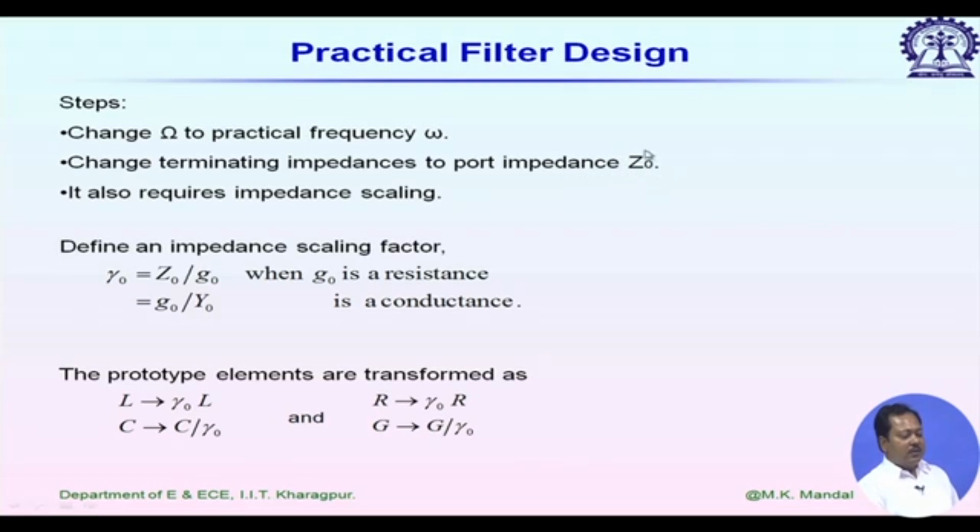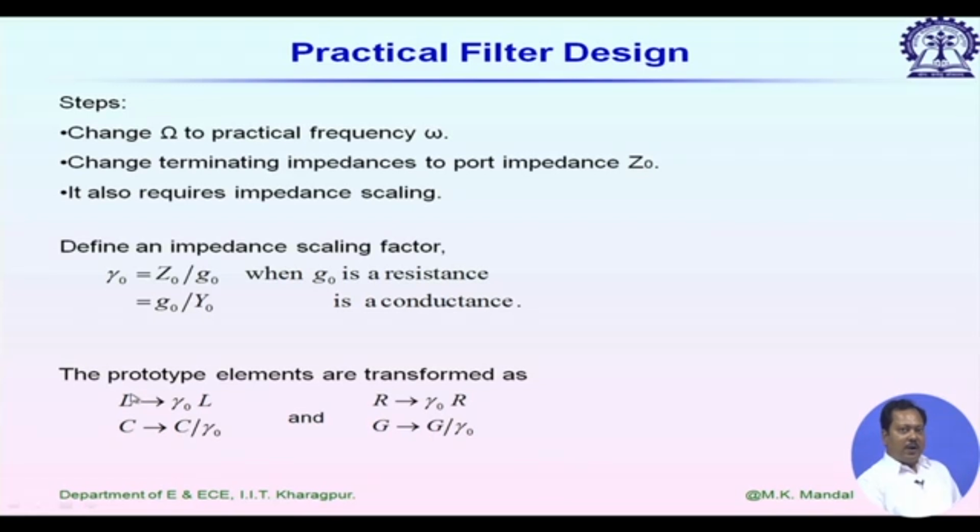Previously it was shown by g naught and g n plus 1. It obviously requires impedance scaling. So, how do we define the impedance scaling factor? Gamma naught is equal to z naught by g naught when g naught is a resistance, and it is equal to g naught by y naught when it is a conductance. Typical z naught value for any millimeter wave or microwave system is 50 ohm.